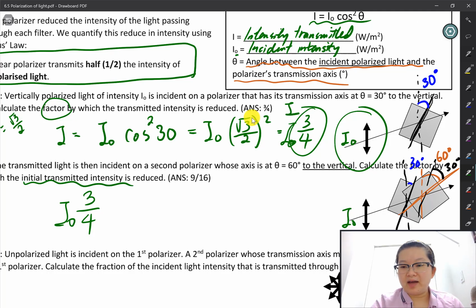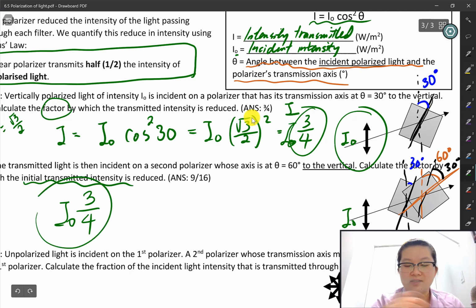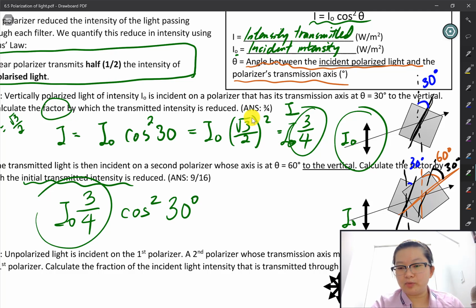Now, if the light passes through the second polarizer, this over here is going to be our new incident for the next equation. This one is going to be this times another cosine squared of not 60, but 30 degrees, because the light leaving the first polarizer will only make a 30-degree angle to the second polarizer.